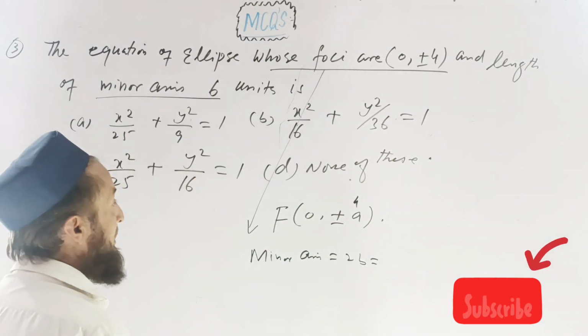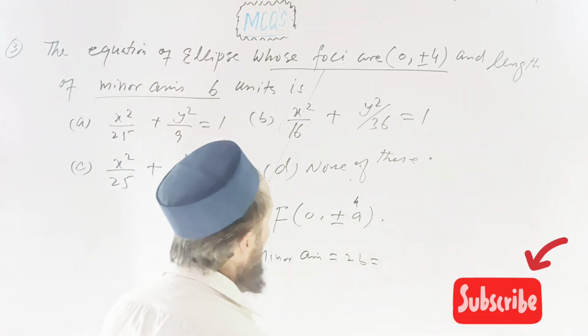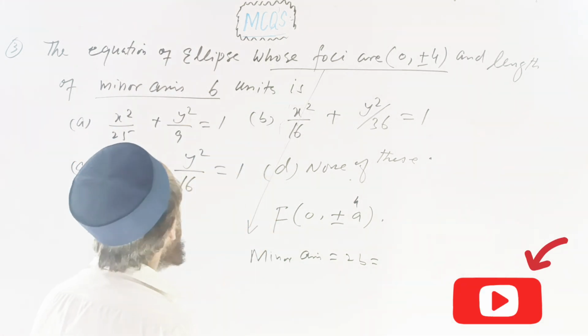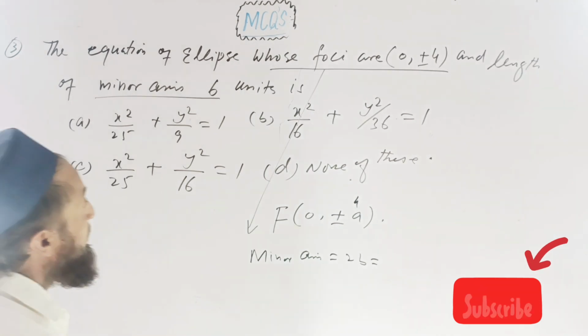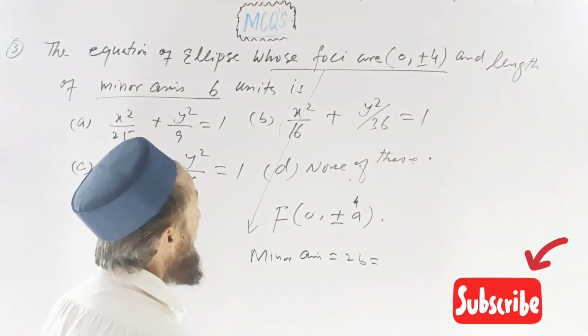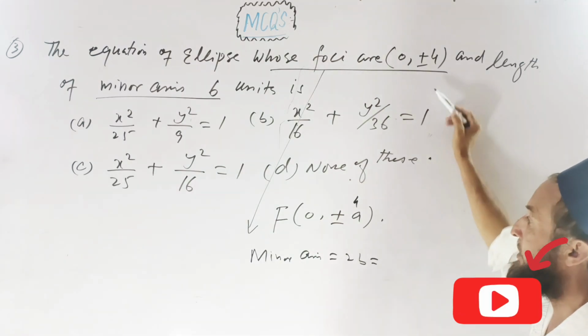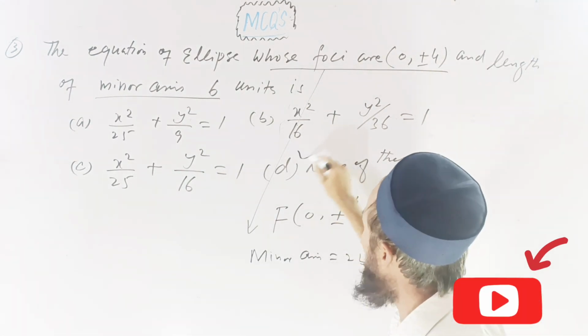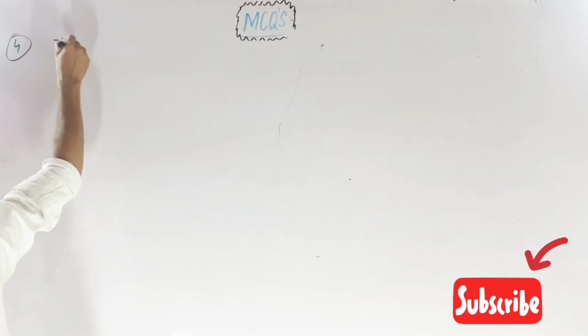So 6 multiplied by 12. The foci are plus minus 4 along the y-axis. 4 is the result, so none of the options is available, so none of these is the correct option.